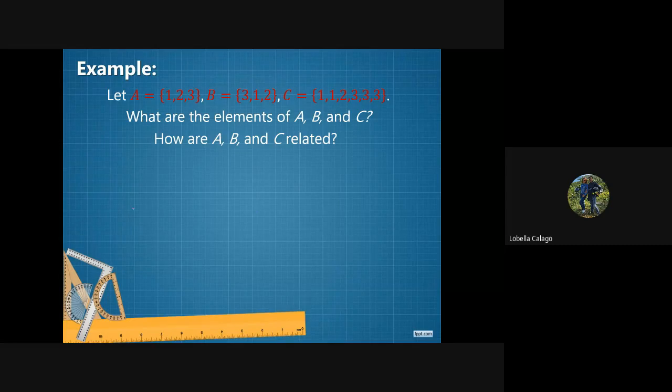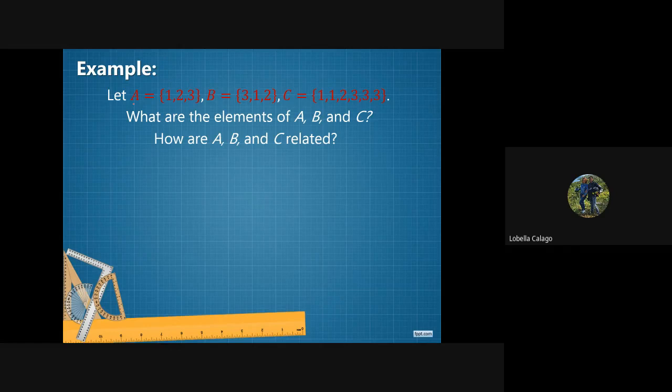Okay, so we continue. So, you think about it. How is it now? As you can see, A, B, and C all have the elements 1, 2, and 3, but they are represented in different ways. The A was presented in increasing order.